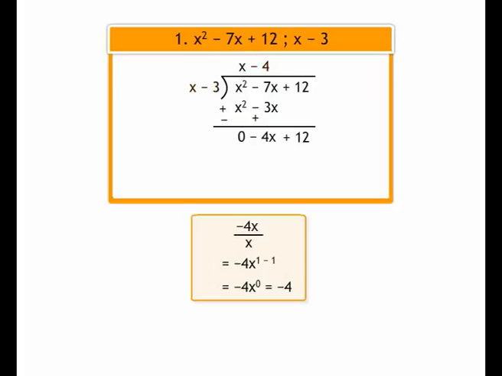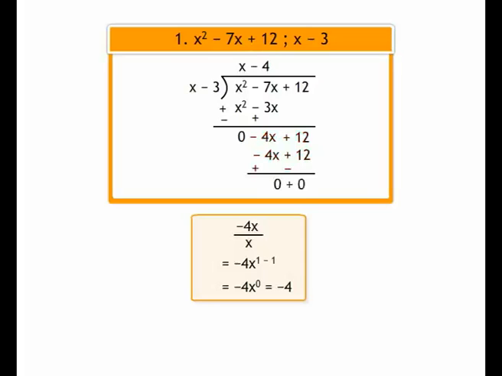As minus 4 multiplied by x minus 3 is equal to minus 4x plus 12, we will now write this product exactly below that part of the dividend having the same index. Thus, we will write minus 4x below minus 4x and plus 12 below plus 12. Now, after changing the signs of both the terms, we get 0.